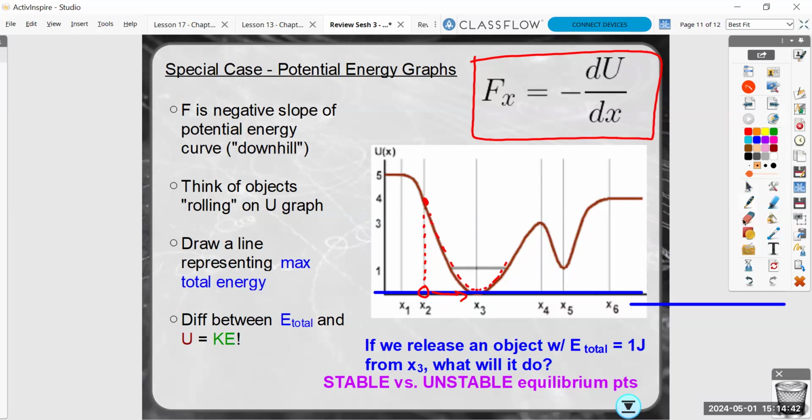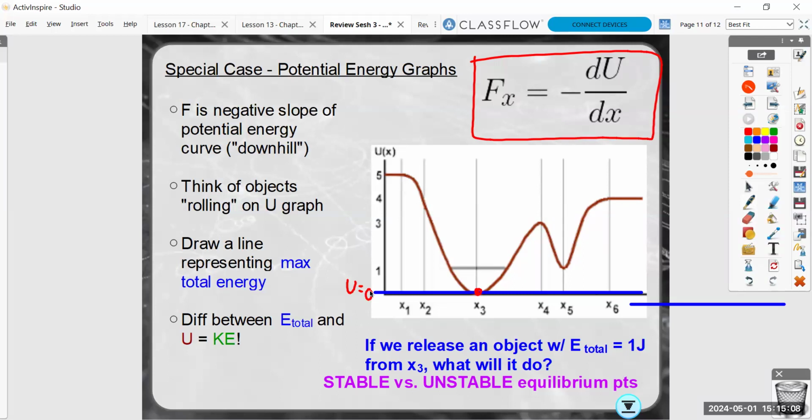One way to interpret these graphs is to draw a line representing the maximum total energy. So let's say I'm gonna go to x3, right? If I'm here at x3, I have no potential energy.